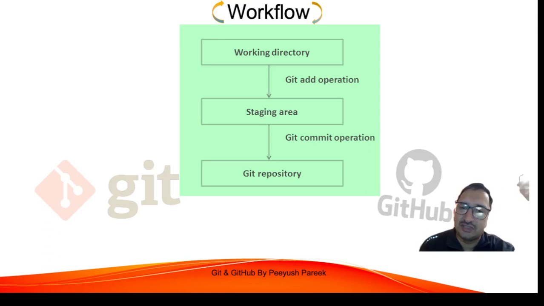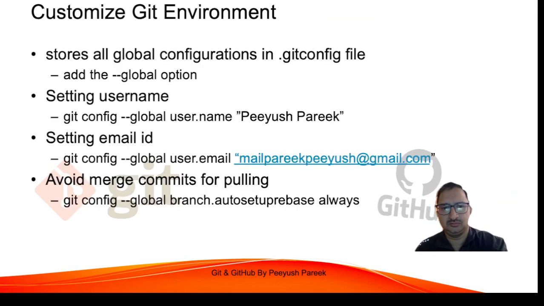That means it is ready now in our Git local repository. Then we will perform a Git commit operation, which will push all the changes permanently to the Git repository.